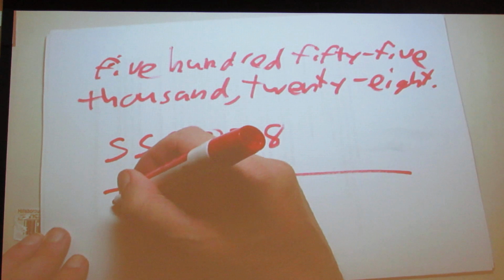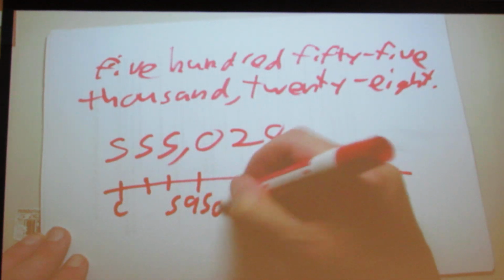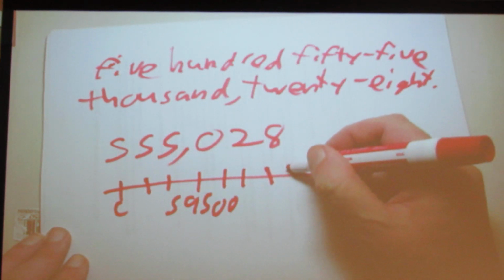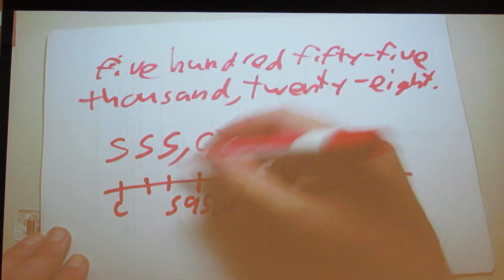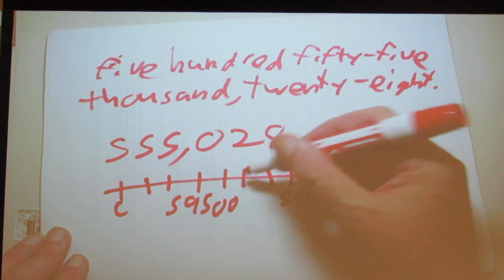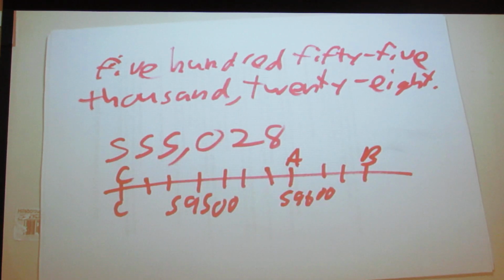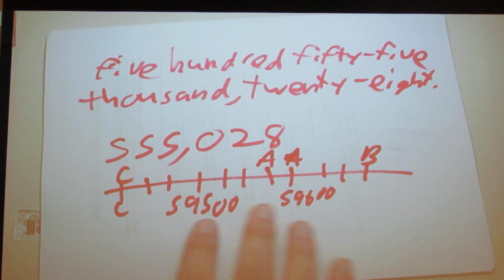And let's say this is C, 59,500, 59,600, 1, 2, 3, and this one is A and B. So it's going to ask you which one is A, and you see how in between there are 25.